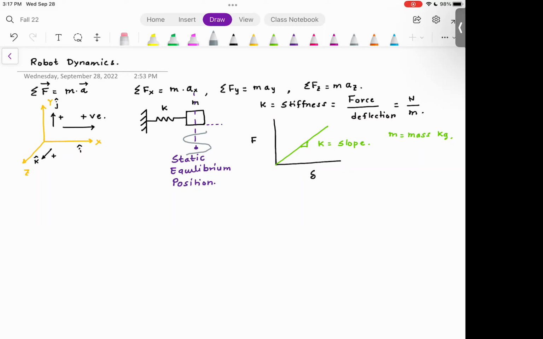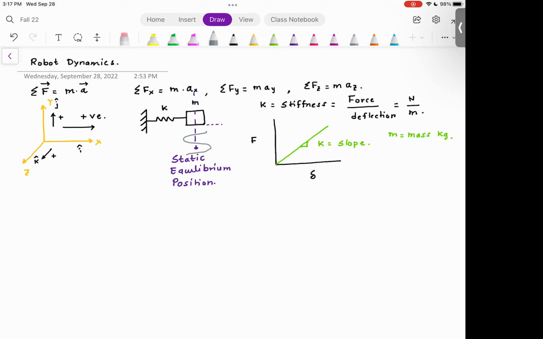I pull the mass, let it go, and it will continue to oscillate back and forth, back and forth, because essentially what is happening is you have this interaction between the kinetic energy and potential energy, and this continuous exchange of energy sets this mass in motion.